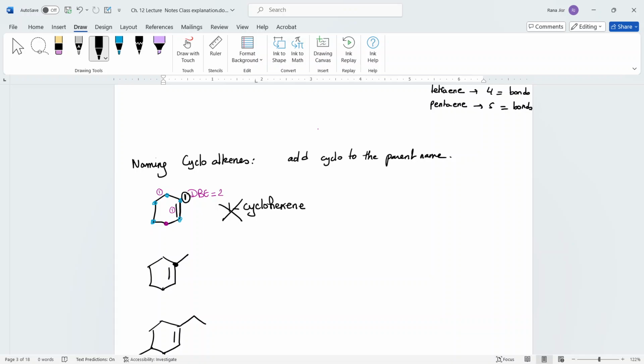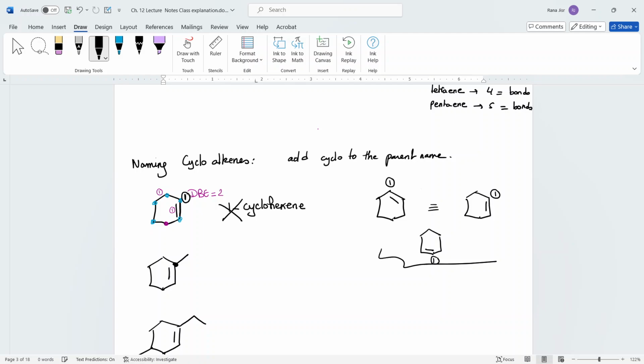Because when I say cyclohexene, I can draw the double bond anywhere. I can draw it like this here, and this is still 1. It is the same as drawing the double bond here, which is still 1, because my rule says that I need to give the double bond the lowest number. So it's going to be 1 anyway. Or I can just put it over here and I'm still going to number this as 1.